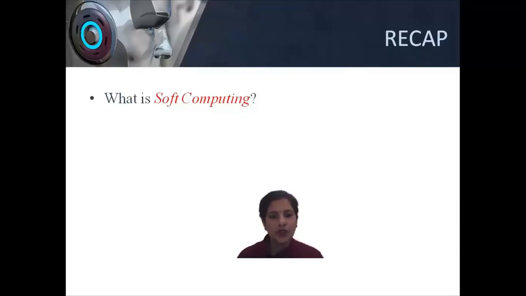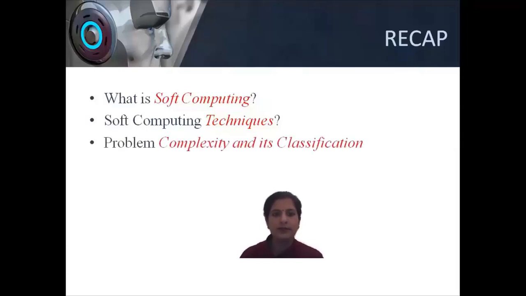In soft computing, we have understood what soft computing is, and what the different techniques of soft computing are, that is neural networks, fuzzy logic, and evolutionary algorithms, in particular genetic algorithm. Then what problem complexity is and the different classifications like NP, NP-hard, NP-complete and polynomial.